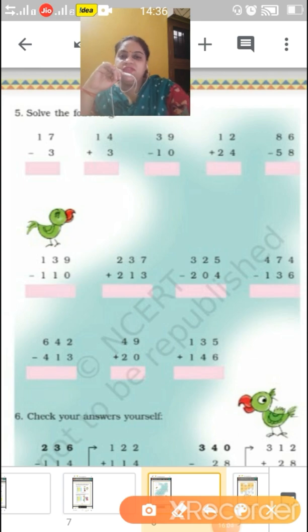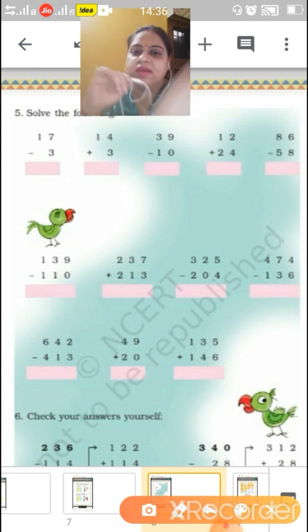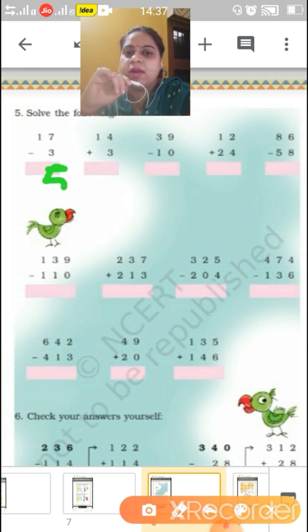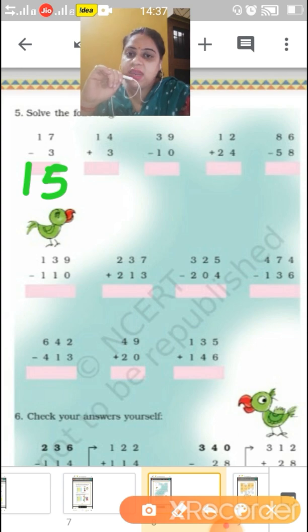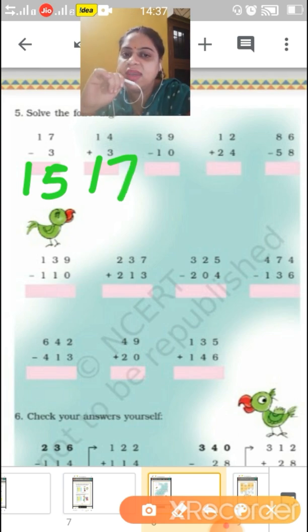17 minus 3, that is 15. Children, you will write in the box. Okay. 14 plus 3, that is 17. 39 minus 10, that is 29.